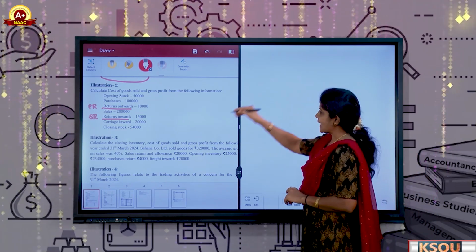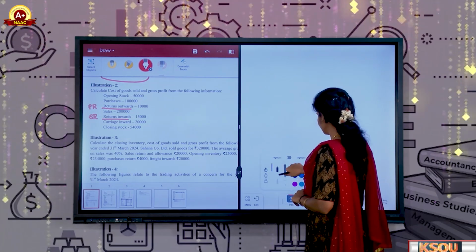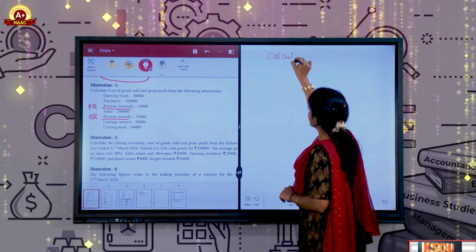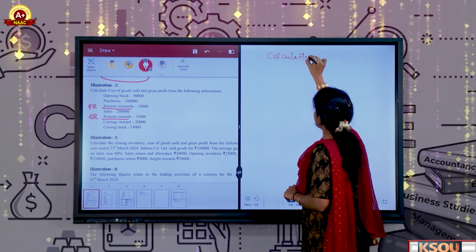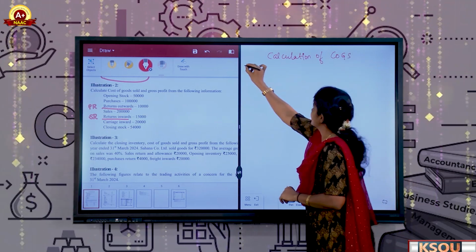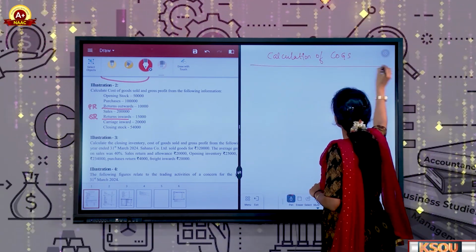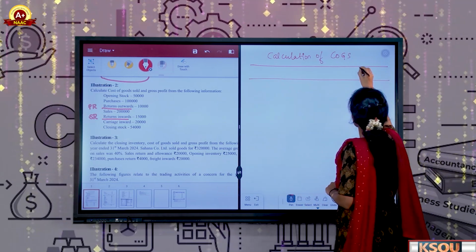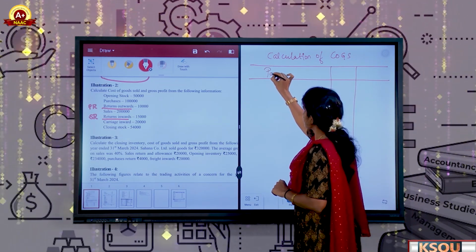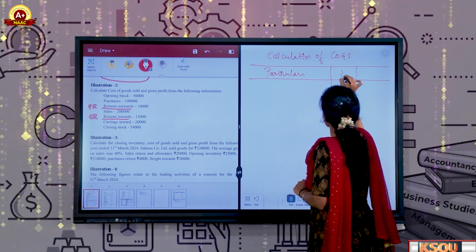Okay, so let us calculate cost of goods sold first. Calculation of cost of goods sold. Particulars, amount in rupees.